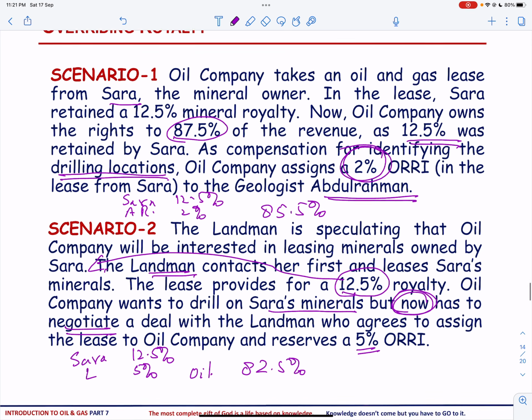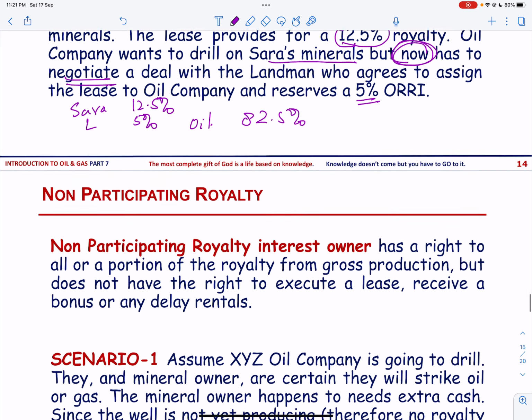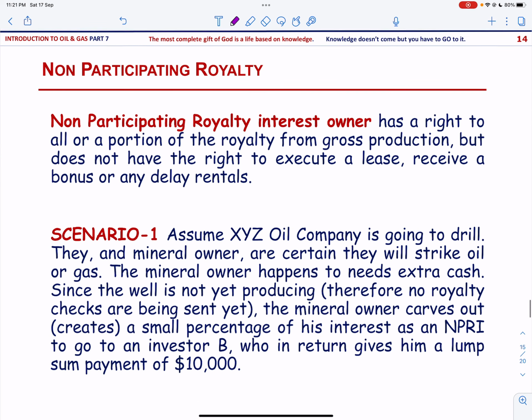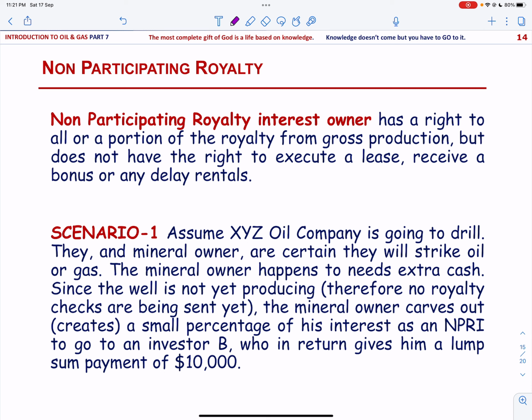Next, let us talk about the second type of royalty ownership, that is the non-participating royalty. A non-participating royalty interest owner has a right to all or a portion of the royalty from gross production, but does not have the right to execute a lease or receive a bonus or any delay rentals.